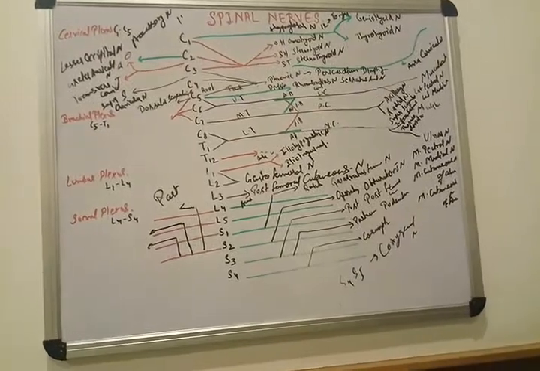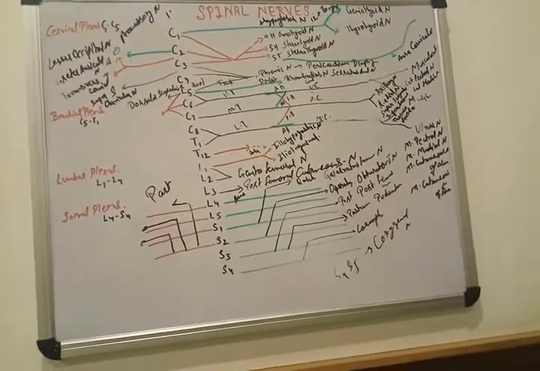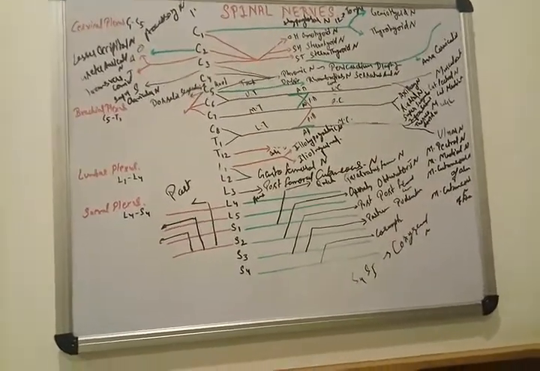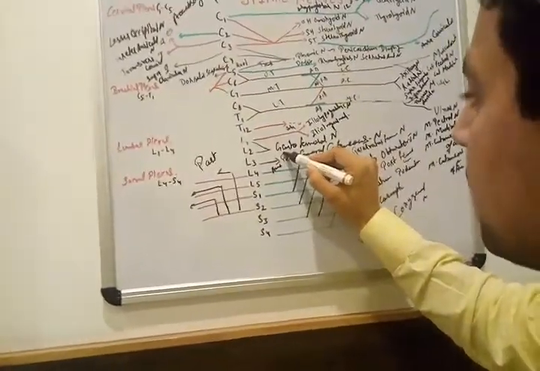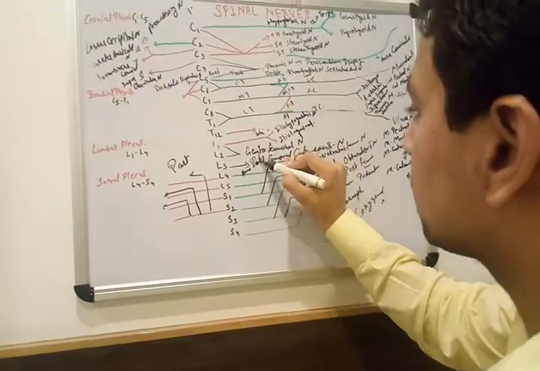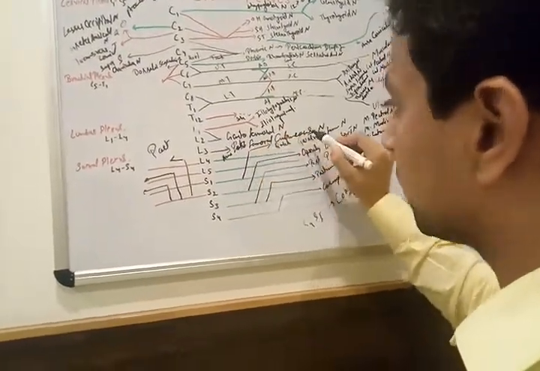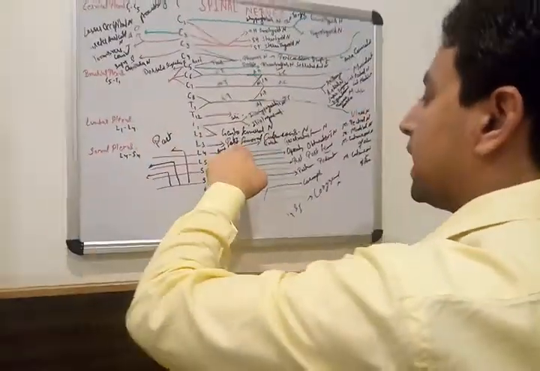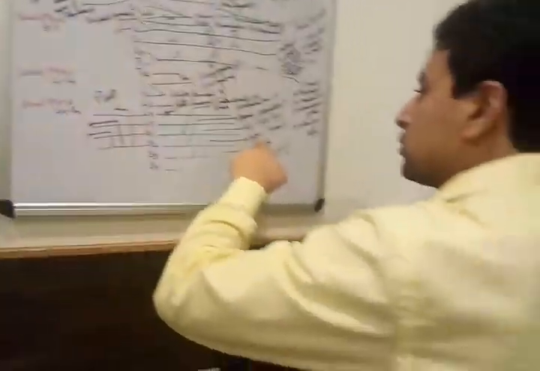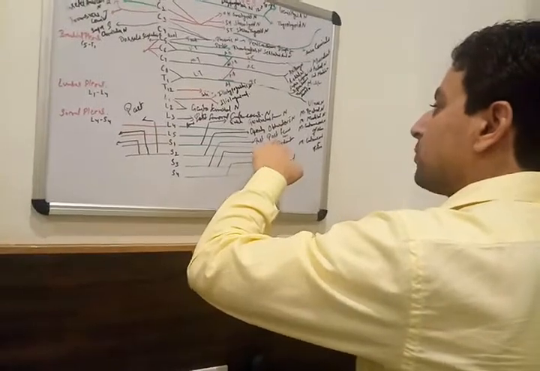And here it's the posterior cutaneous nerve. We saw already that this one is lateral. Sorry, my dear friends, this is the lateral femoral cutaneous nerve in case of the lumbar plexus. So how to remember? L for lateral femoral cutaneous. Here also a cutaneous femoral, but here it is posterior.